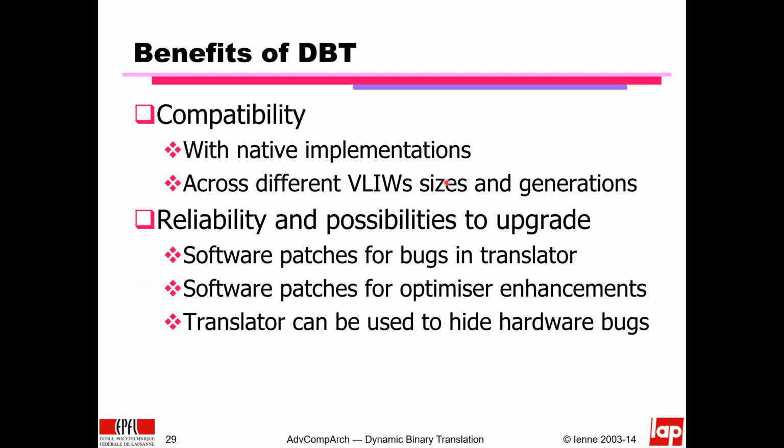You can, for instance, use the translator to hide hardware bugs, right? You can give software patches by changing the optimizer. You can avoid using some instructions that are defective in hardware. Although there are sneaky ways that Intel does a little bit of that through some microcode.